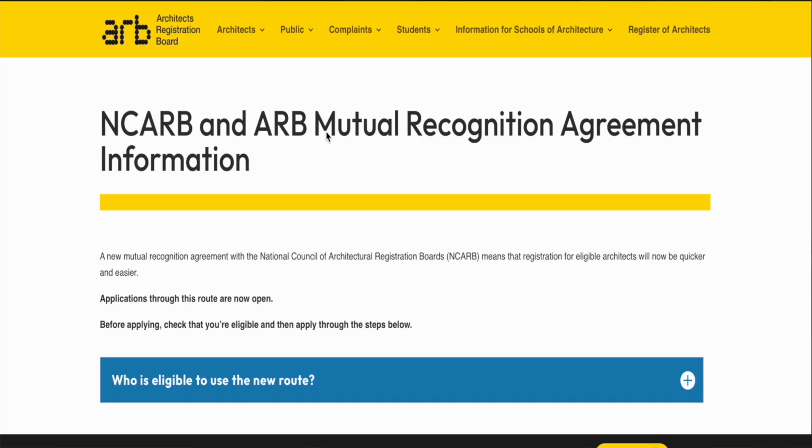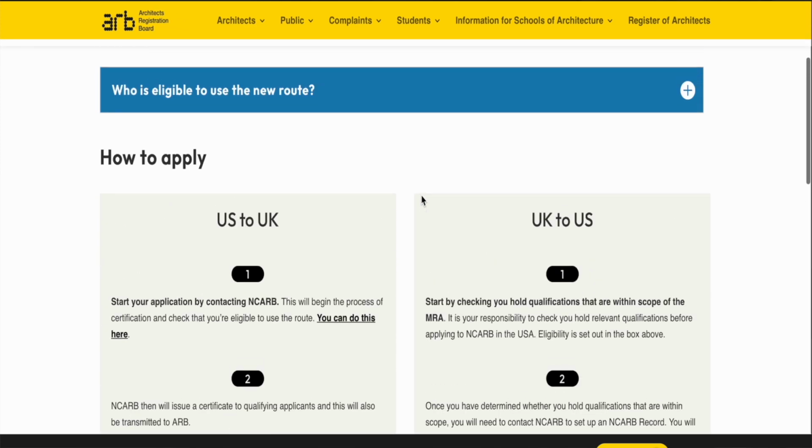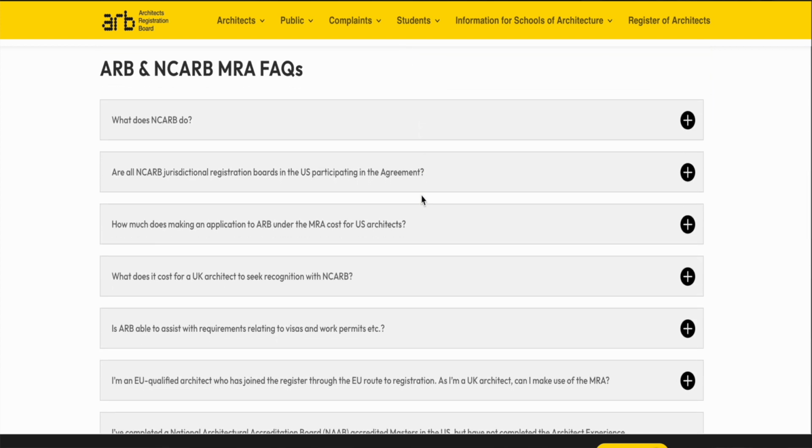There has been a change of regulation recently, and just a couple of months ago, the ARB announced that they now have the power to recognize some of the qualifications and determine which international qualifications it wishes to recognize through the establishment of Memoranda of Understanding, MOUs, and Mutual Recognition Agreements, MRAs.